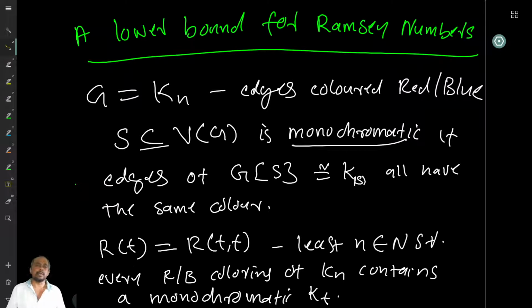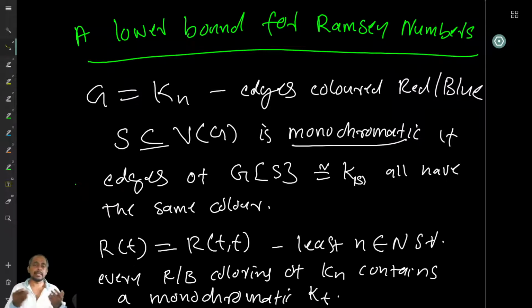If you remember, in our very first class, we looked at Ramsey numbers, right? So what were Ramsey numbers? We have a complete graph on n vertices. Let's say the graph G is Kn, and we are going to color the edges of the complete graph with two colors, red or blue.